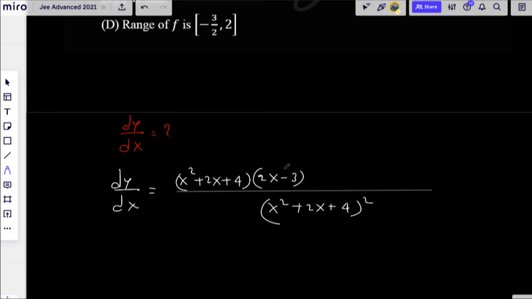Okay, the numerator was x square minus 3x minus 6. So minus, that is x square minus 3x, and minus 6 was also there. The constant differential was 0.